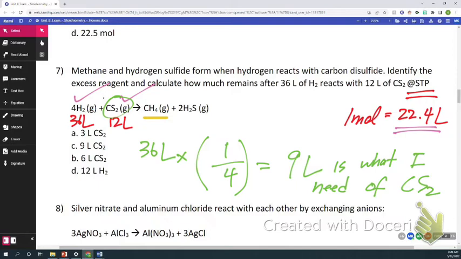I have 12 liters though, so I have plenty of CS2. That's great. I found out that CS2 is excess. I have 12 of it, I only need 9 of it. So I'm going to be left with 3 extra liters of CS2. And so the answer is A.